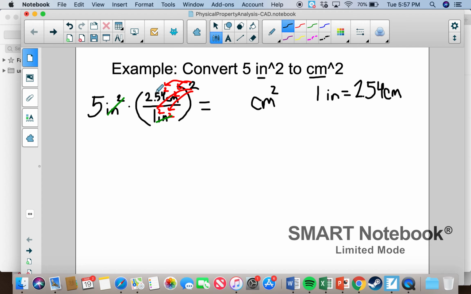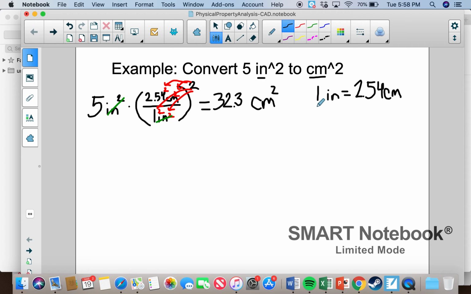So 5 times 2.54 squared, otherwise known as 2.54 times 2.54, is going to be about 32.3. That's a rounded number. Divided by 1 squared, which is just 1. So 5 inches squared is the same as 32.3 centimeters squared.